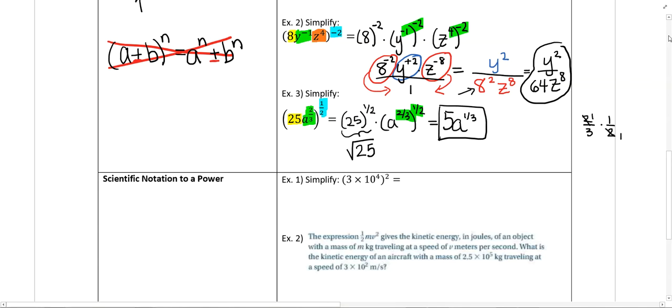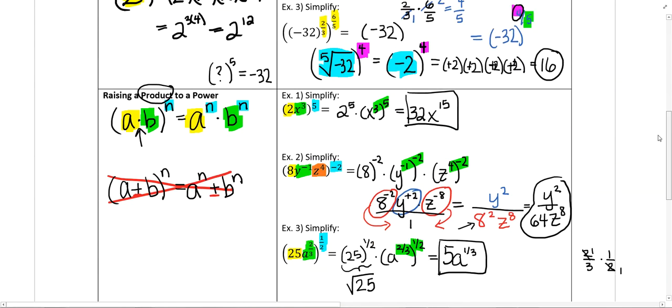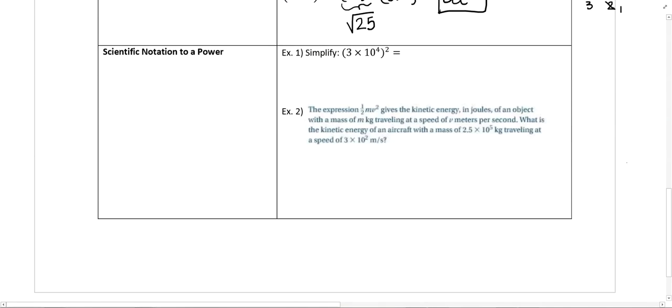Let's apply what we know to scientific notation. So if we're taking the scientific notation of a power, let's say we have something in scientific notation: a times 10 to the nth power, and we're taking it to the mth power.